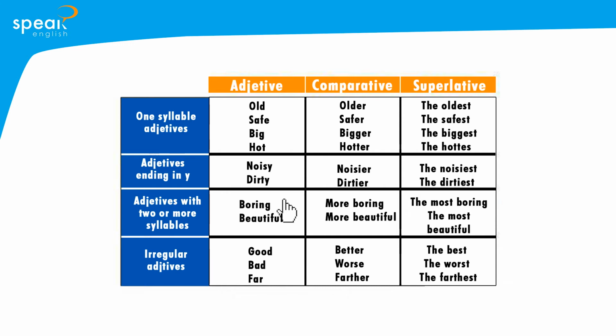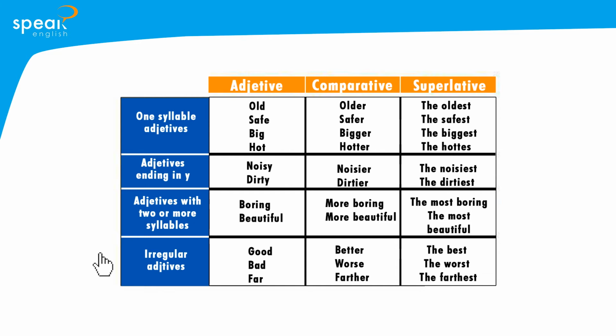For example, boring. Comparative, more boring. But superlative, the most boring. Another example, beautiful. Comparative, more beautiful. But superlative, the most beautiful.